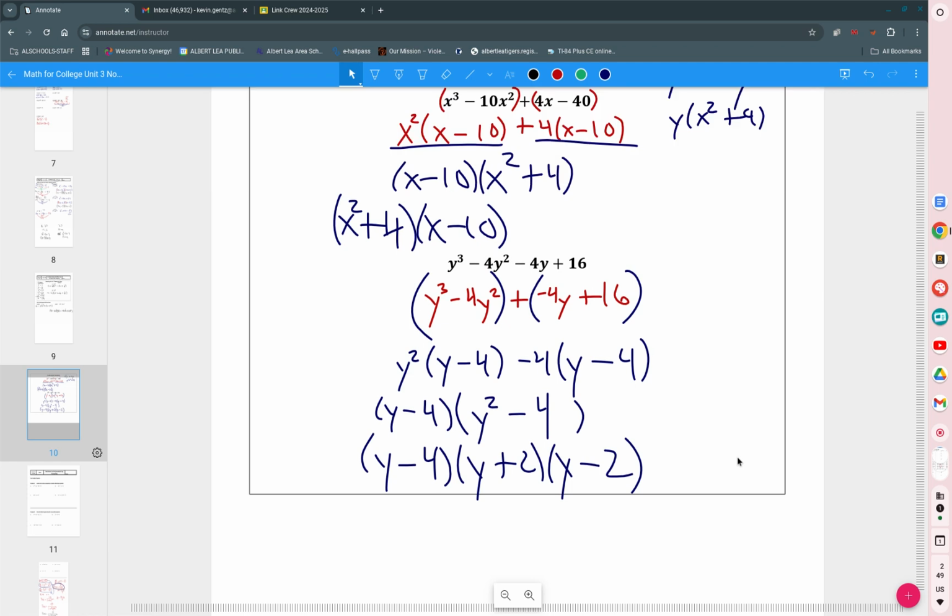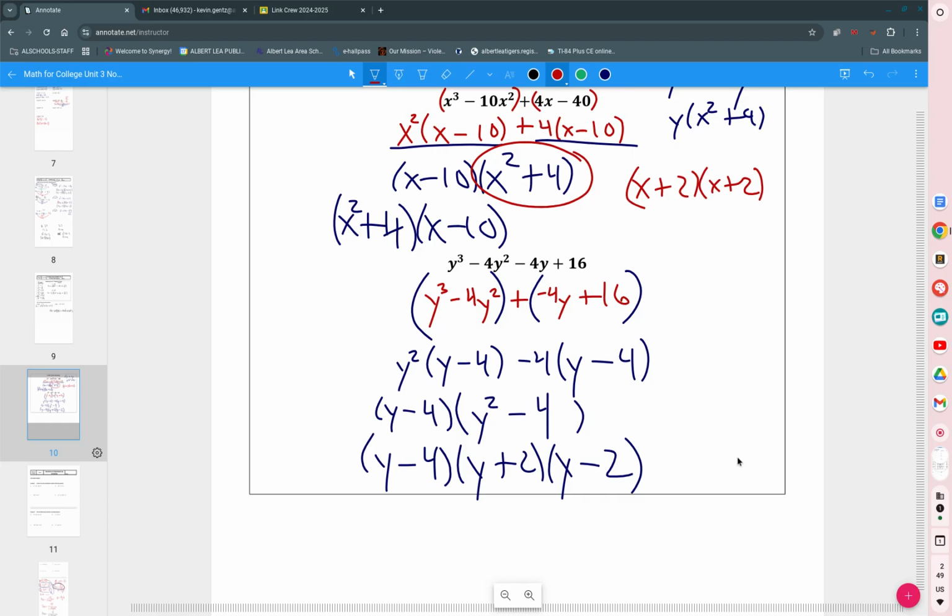I do want to draw your attention right up above here because people make this mistake come time for the test. Notice how I didn't factor x squared plus 4. Why didn't I factor that into x plus 2 times x plus 2? It doesn't factor, does it?